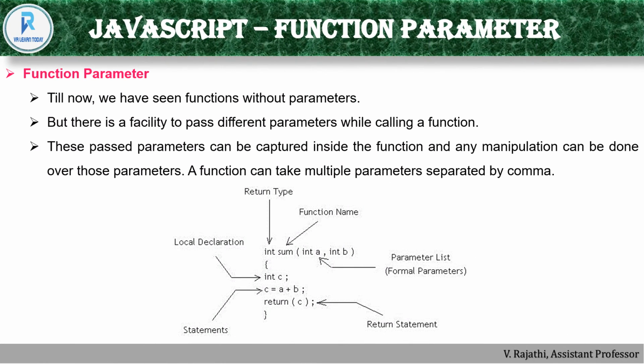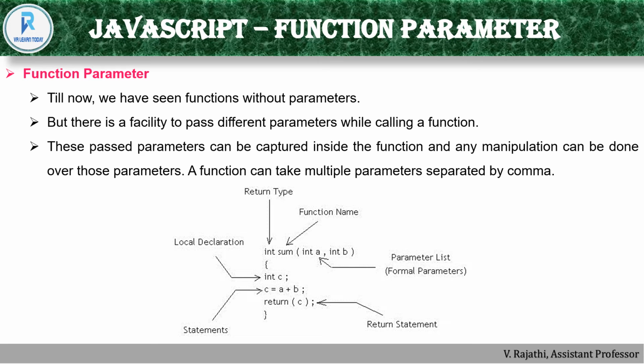And then function parameters. Till now we have seen functions without parameters, which is nothing but empty parentheses. But there is a facility to pass different parameters while calling a function. These passed parameters can be captured inside a function, and any manipulation can be done over those parameters.